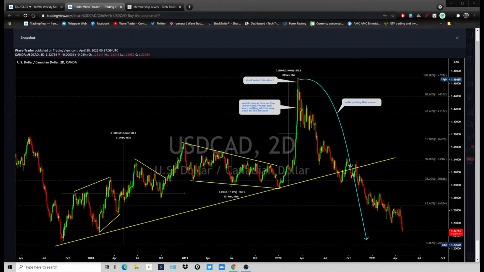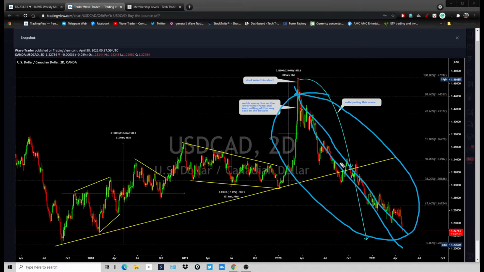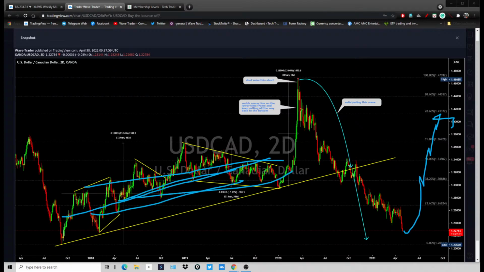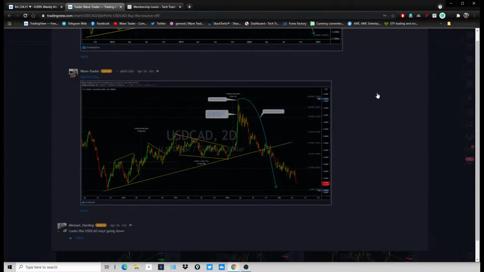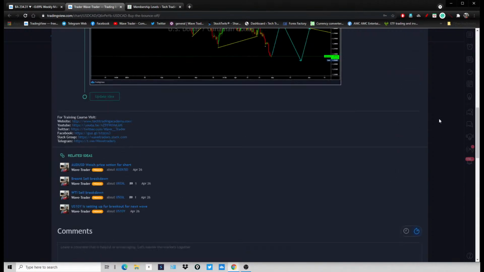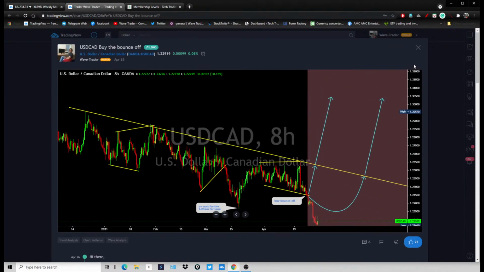This move is already gone. Now is not the time to keep selling dollar CAD. It's time to look for a bigger correction for the next couple of years on the dollar CAD. Some stupid guys are there who don't understand how it works and just keep commenting negatively.